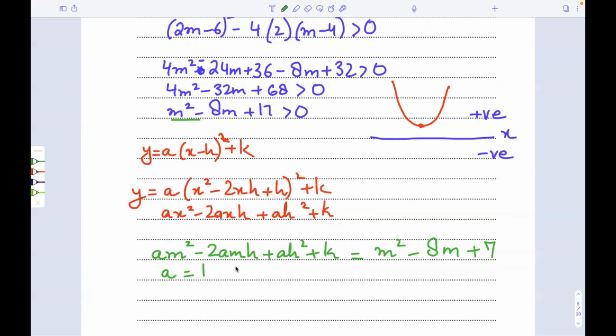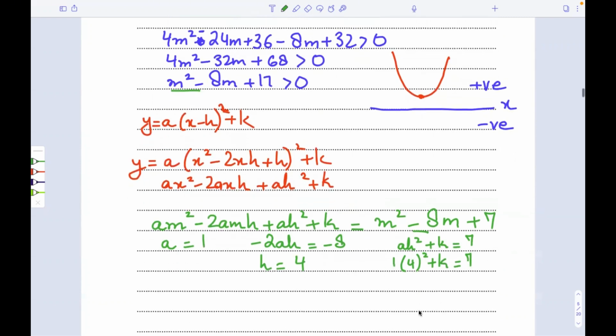The coefficient of m over here is minus 2ah, which is equal to minus 8, and the constant is ah squared plus k, which is equal to 17. As a is 1, minus 2 times 1 is minus 2. So h will become minus 8 upon minus 2, which is positive 4. And now substituting a and h over here, we get 1 into 4 squared plus k is equal to 17.